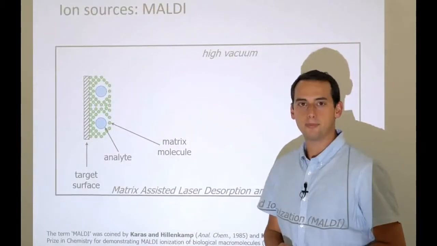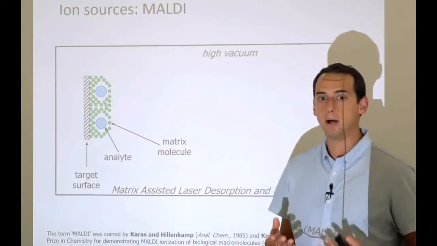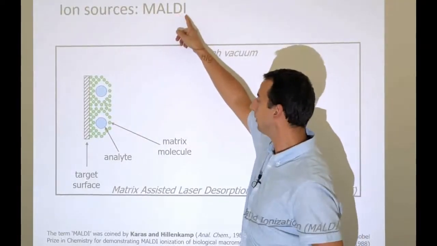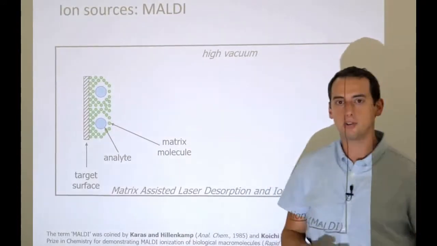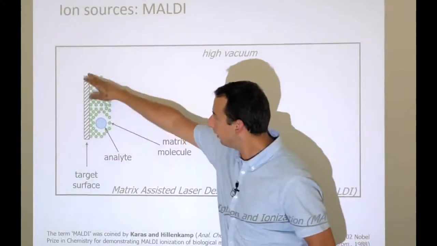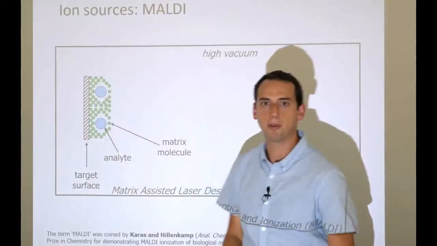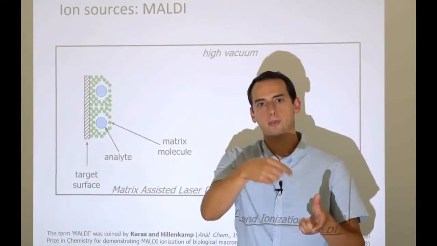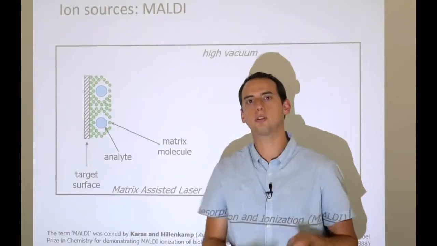So let's get started with ion sources. We have two different types of ion sources. The first one is the MALDI ion source, or matrix-assisted laser desorption ionization source. So let's have a look at how this functions. We do have a target surface, which is a very simple stainless steel plate, small metal plate with a few pre-spotted circles on it.